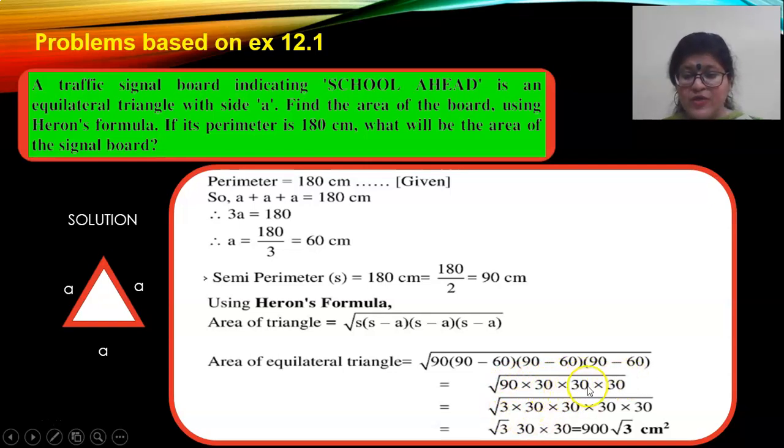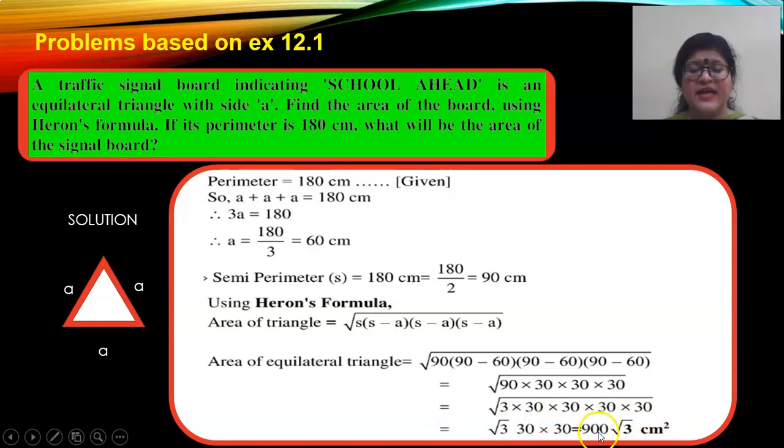Now root 30 into root 30. Square root of 30 into square root of 30 means 30 will come out. So I've taken 30 outside. Then 90 can also be expressed as 30 into 3. So this root 30 and this root 30 means another 30 comes out.